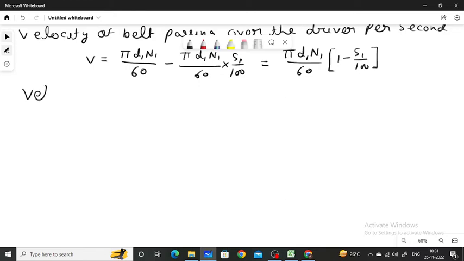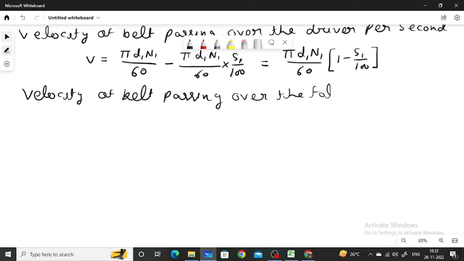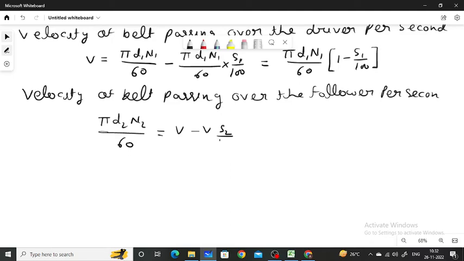Now the velocity of belt passing over the follower per second, pi d2 n2 by 60, will be equal to V minus V into s2 by 100.